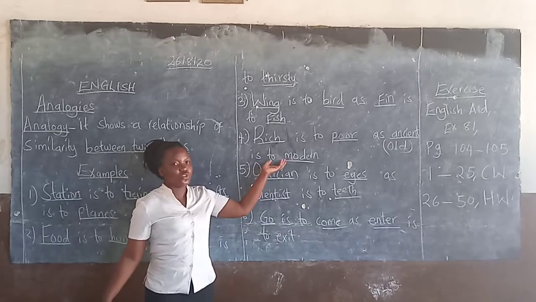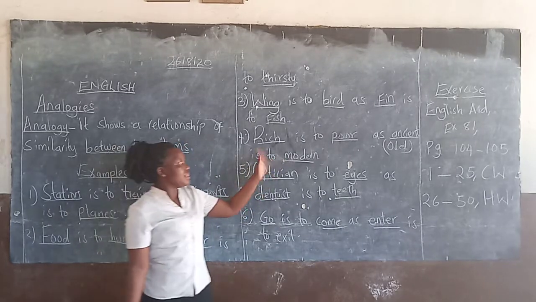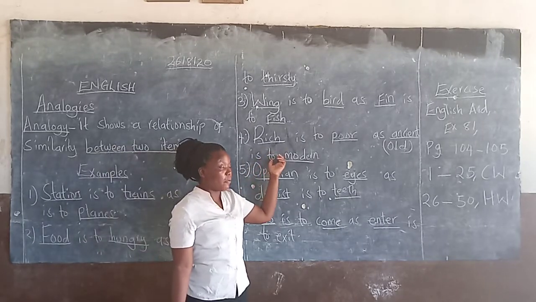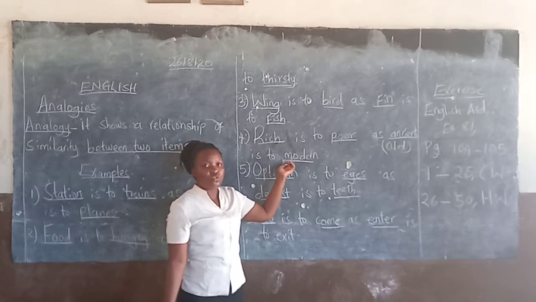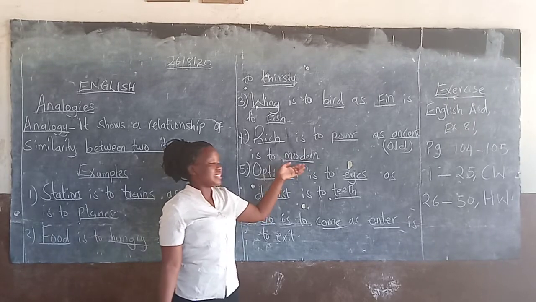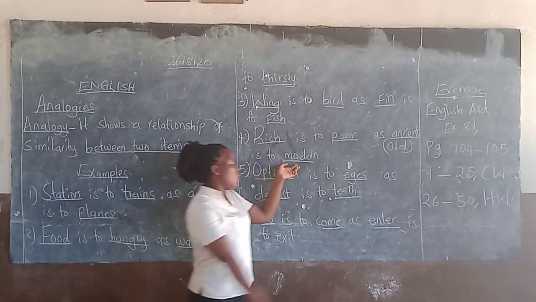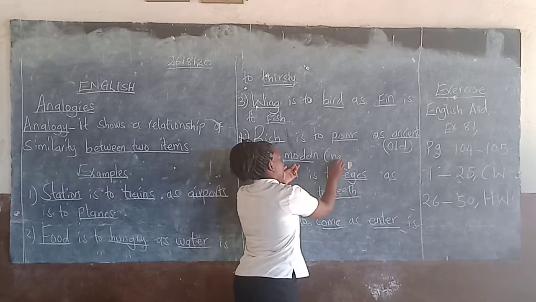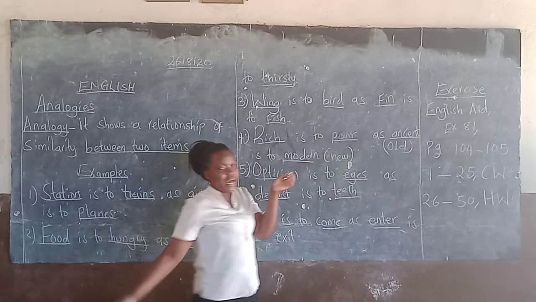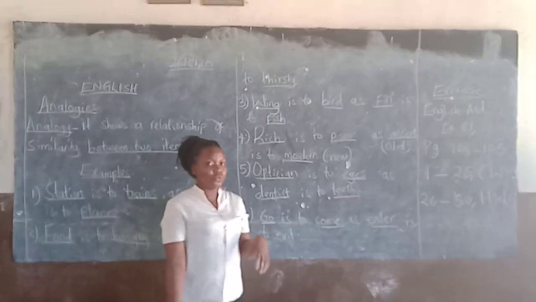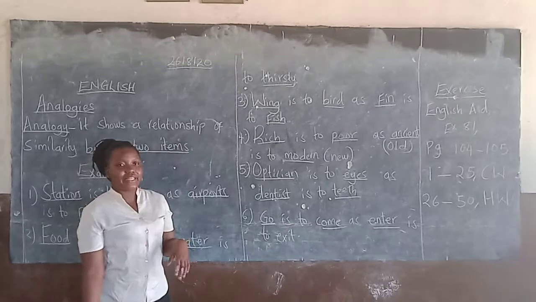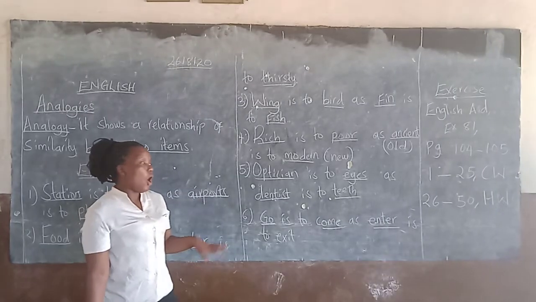So here we need to find the opposite. We know the opposite of rich is poor. Now what about the opposite of old or ancient? It can either be modern or new.